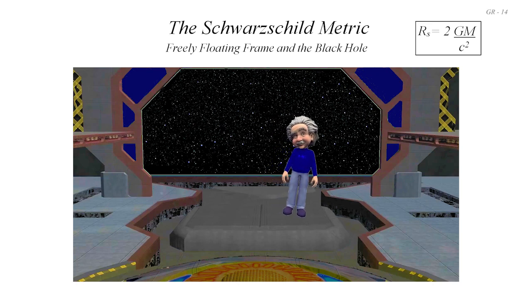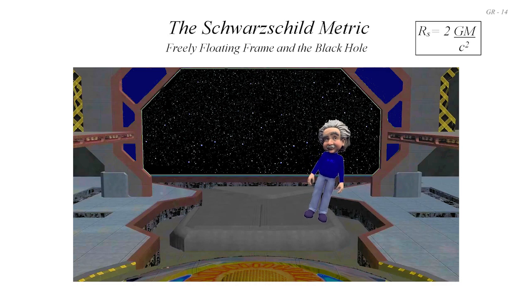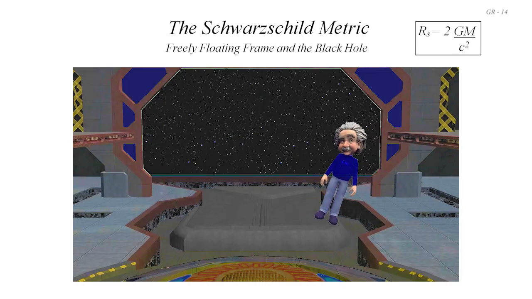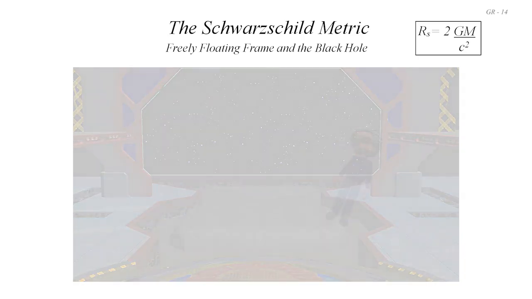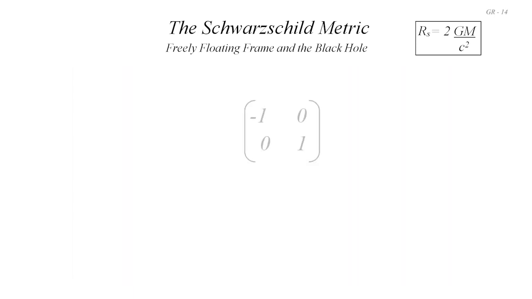They could therefore even use a simple Minkowski metric to make measurements in that local region, and so for them, in their freely falling spaceship, they would have this metric tensor for two-dimensional space-time, -1, 0, 0, and 1, so that ds squared was minus dt squared plus dr squared, where the blue r and t refer to measurements made in the freely falling spaceship, as opposed to those by the outside observer.